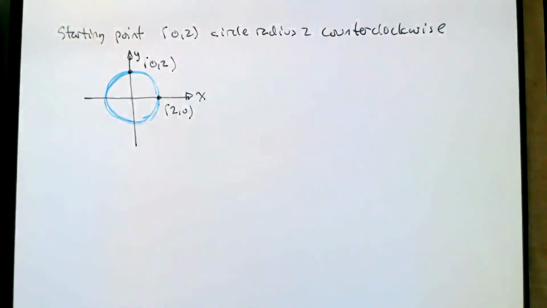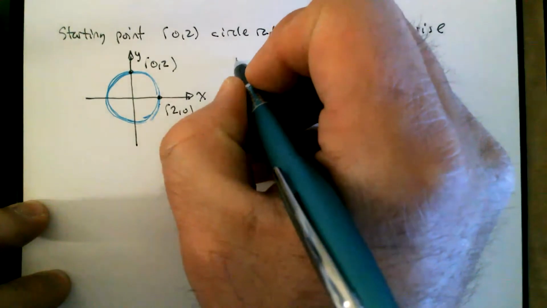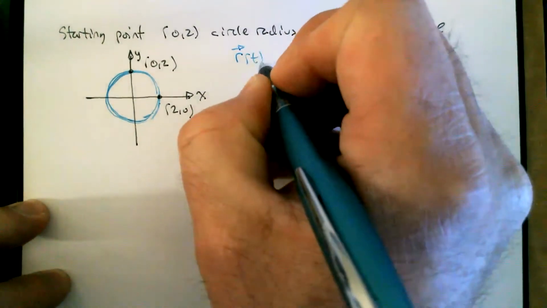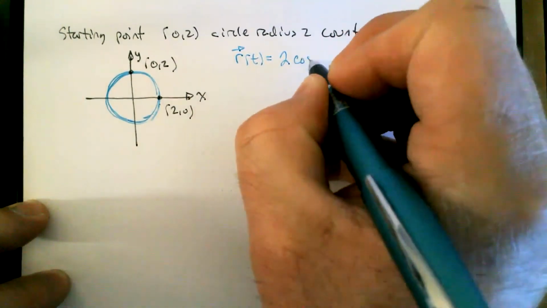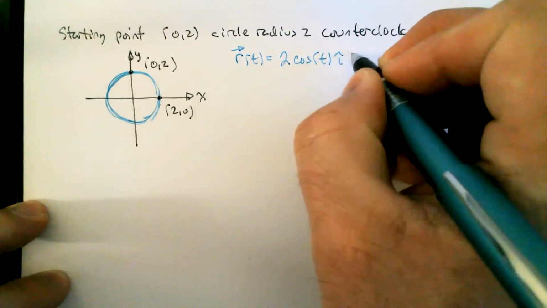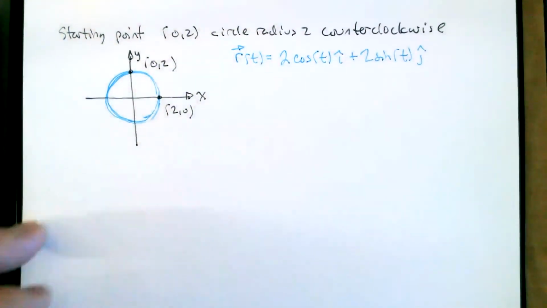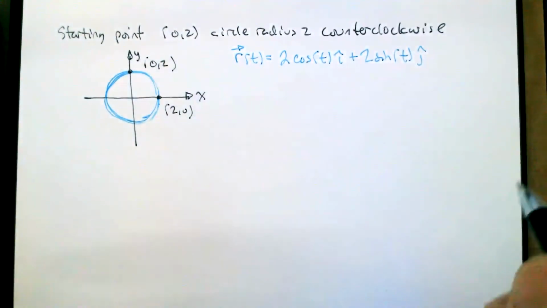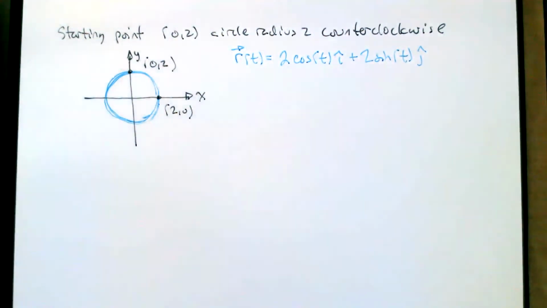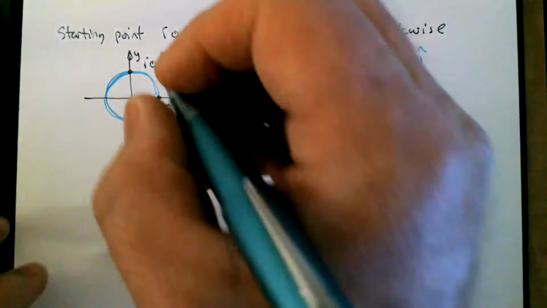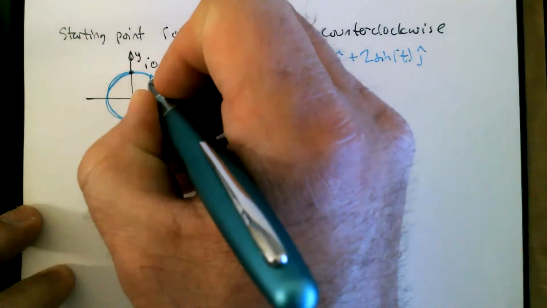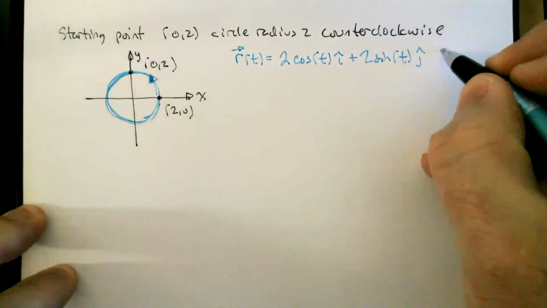The parameterization that we set up was r of t is 2 cosine t i plus 2 sine t j. The parameterization that we set up before, this is going counterclockwise, just like we ordered. And we went from 0 to 2 pi.